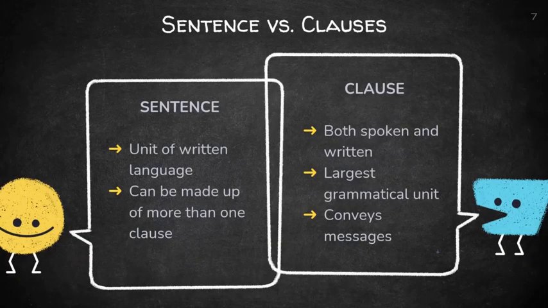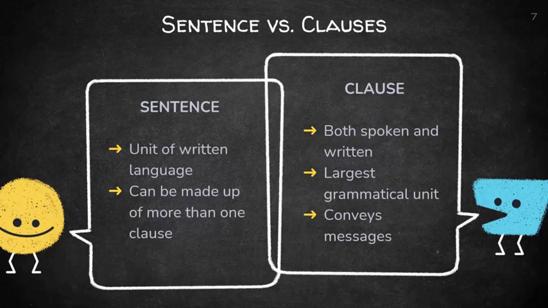So, how is a sentence different from a clause? Let us see the definition first. A sentence here is a term we use when we deal with written language. It can be made up of more than one clause. So, if you say one sentence, there may be more than one clause in it. But people don't usually speak in sentences.